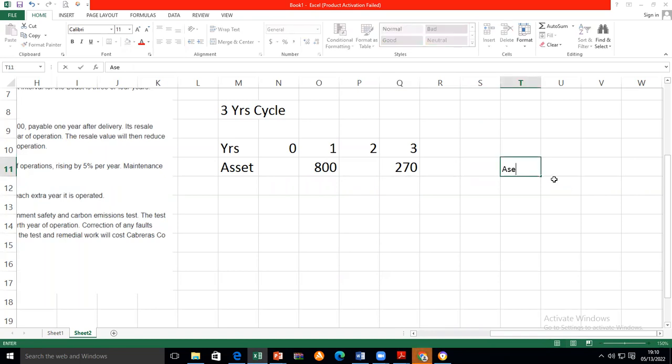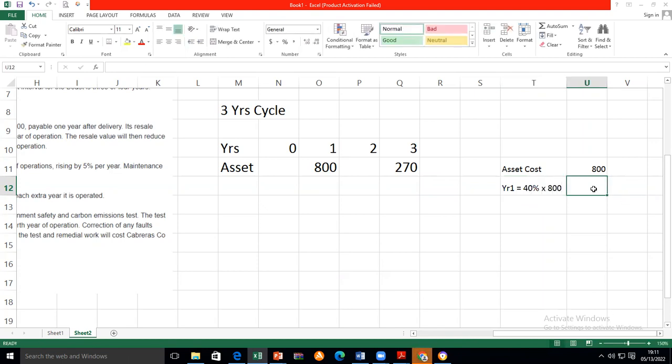Let's do another working so that we don't leave anyone behind. So the asset cost is 800. In year one, what are we going to lose? 800 times 0.4.